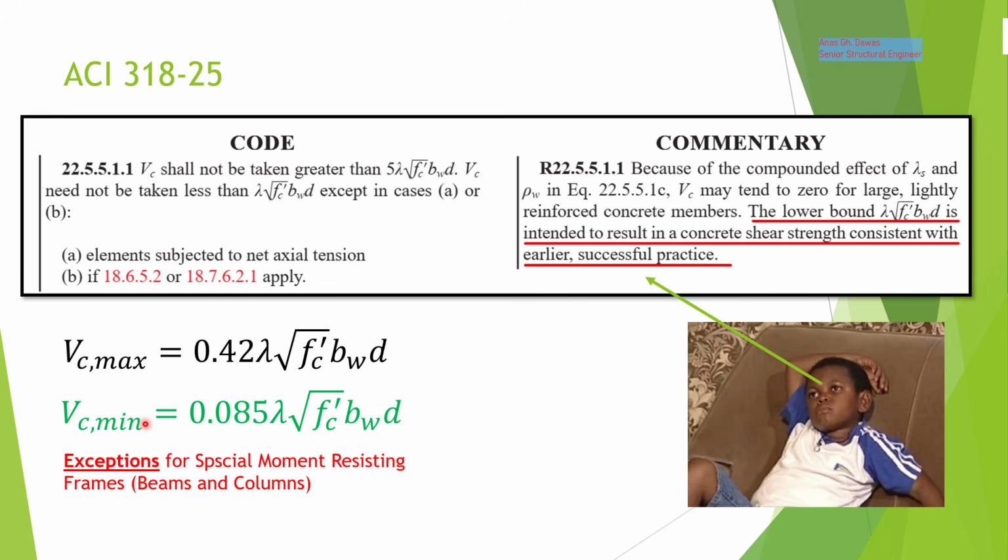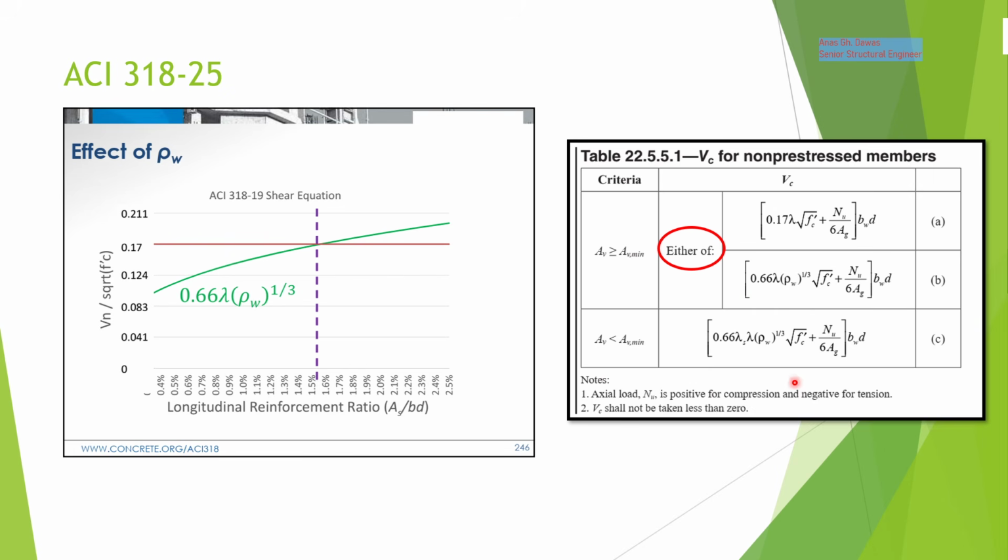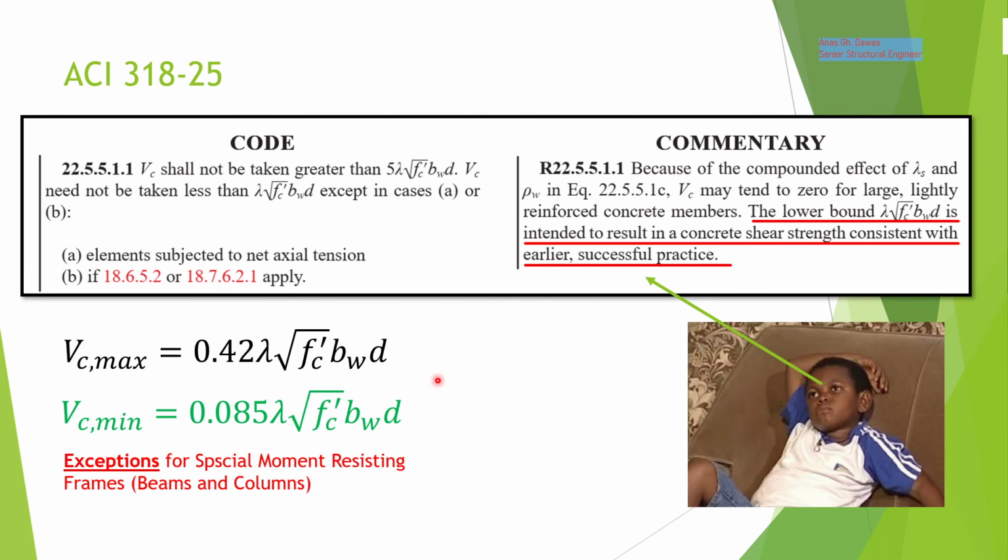You can select this, or you can calculate the minimum value, and typically this minimum value can exceed the value calculated by equation C. I will give an example. By the way, if you would like to use the minimum threshold or minimum value of Vc, you have to know that we have exceptions.